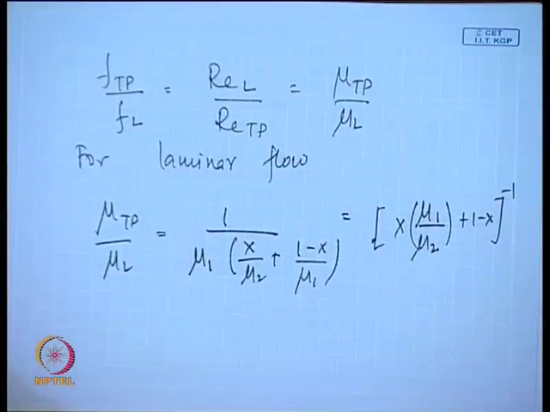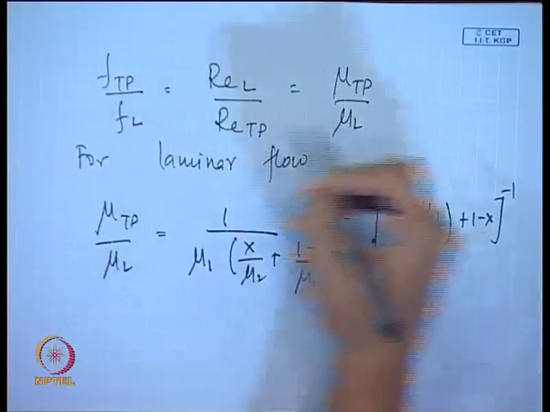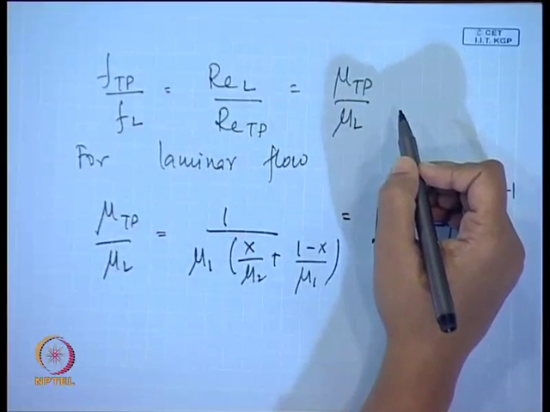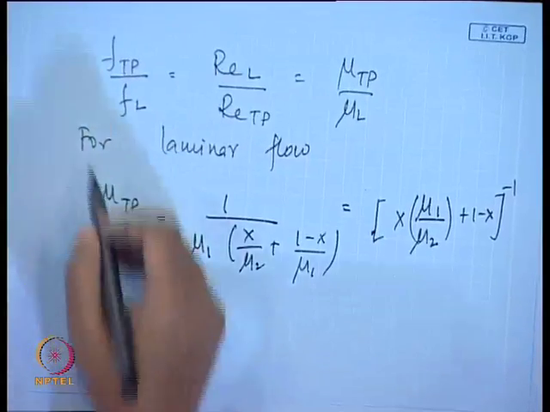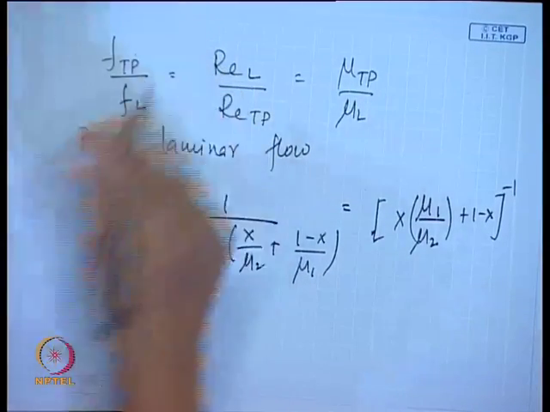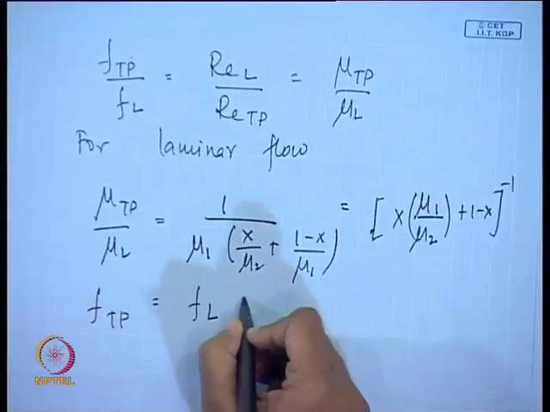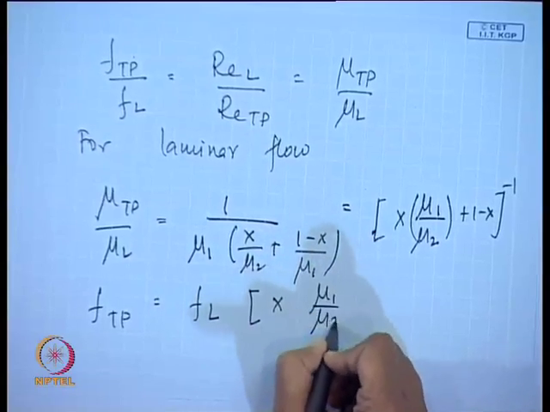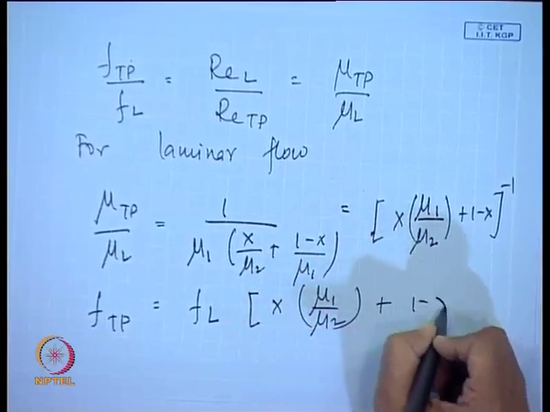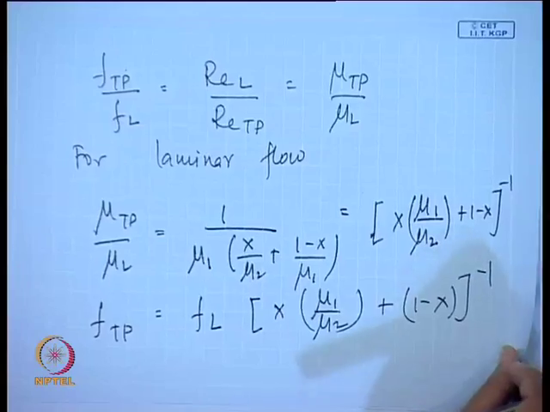Under such circumstances, how to express FTP in terms of known variables? Once we express mu TP by mu L, this is the relationship between FTP and FL. So we can write FTP as FL into x mu 1 by mu 2 plus 1 minus x, whole to the power minus 1. Yes or no? We can make this substitution.